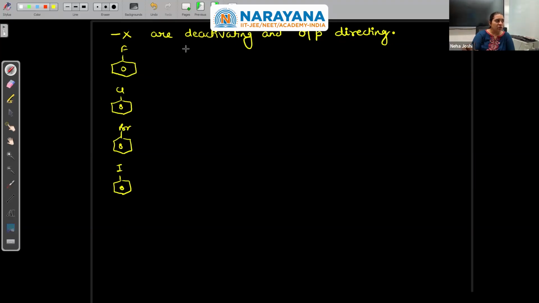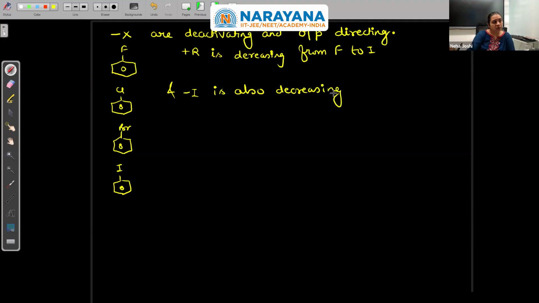So see, fluorine is also doing plus R. Like all of them are doing plus R. And plus R is decreasing from F to I, right? Due to increase in size. And minus I is also decreasing.